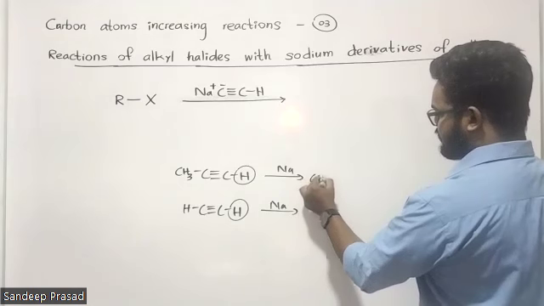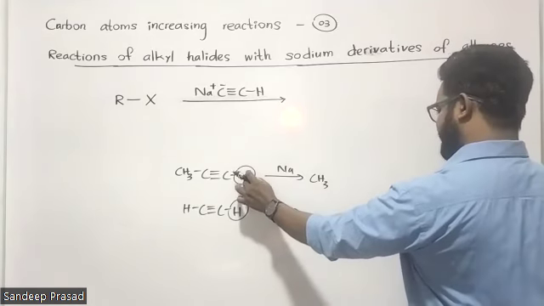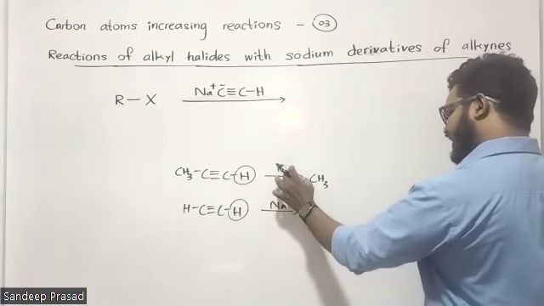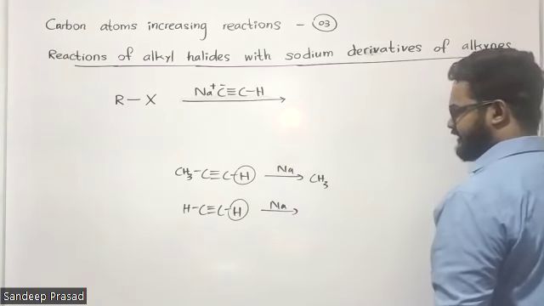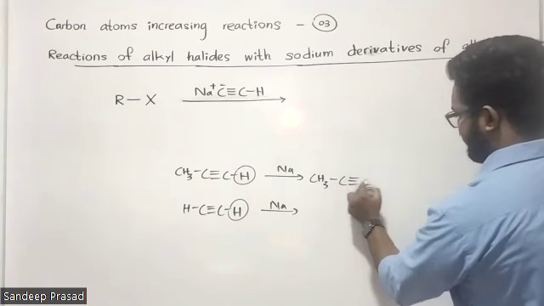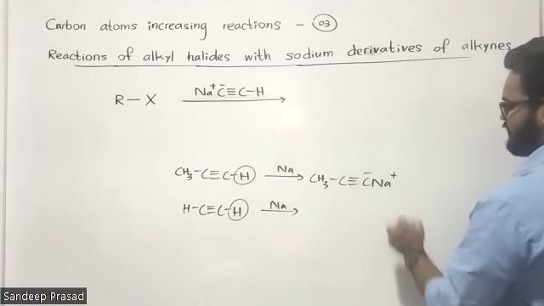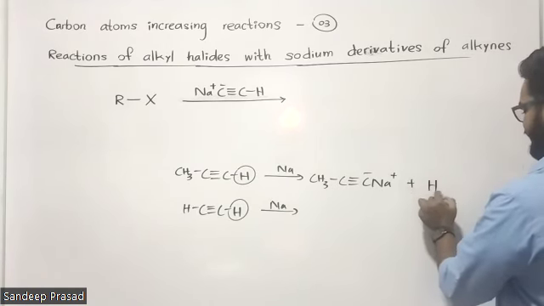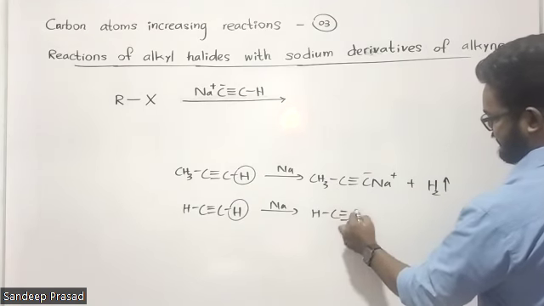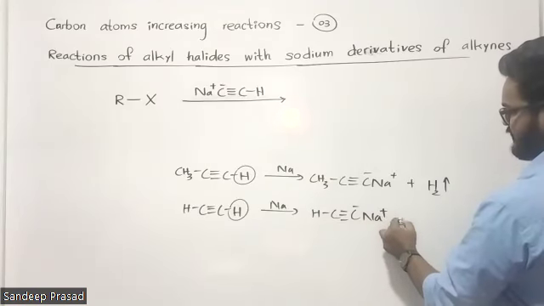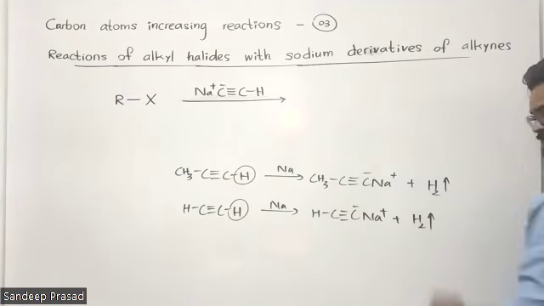Here this hydrogen atom is acidic. Sodium is an alkali metal. So acidic hydrogen and the alkali metal react and produce this kind of salt, C minus Na plus, and hydrogen gas is liberated.